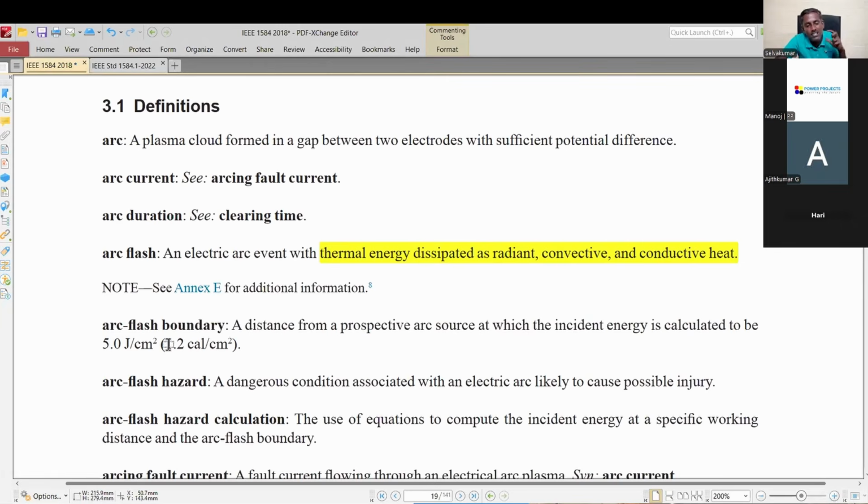The distance at which it has reduced below 1.2 calories per centimeter squared is called the arc flash boundary. That means where the arc has happened, the incident energy is extremely high. With respect to the distance from the arc, the incident energy will keep reducing. The distance at which the incident energy comes below 1.2 calories per centimeter squared is the arc flash boundary.